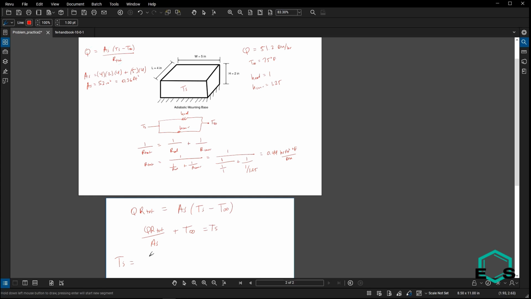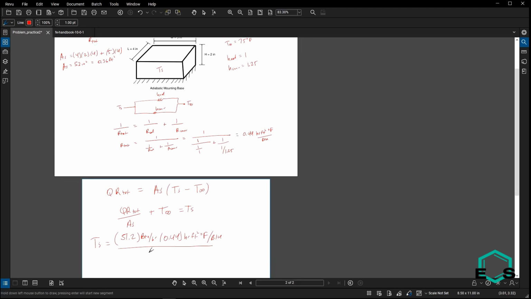And Q is equal to 51.2 BTU per hour, times our total resistance, and the surface area was 0.36 feet squared, plus T infinity, which is 75 degrees F, equals T_s.